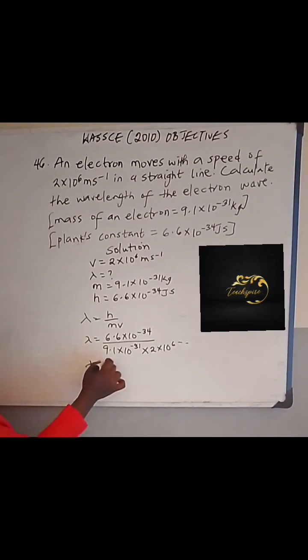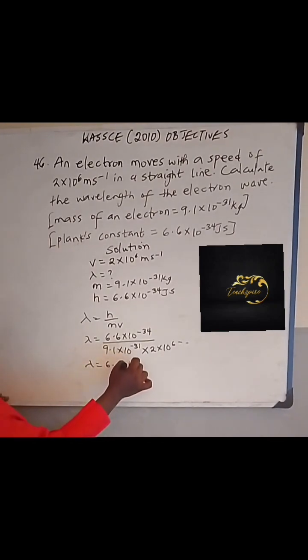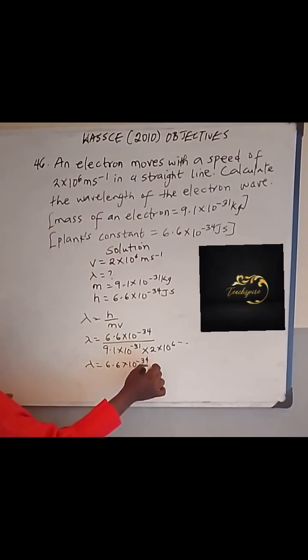So lambda is going to be 6.6 times 10 raised to the power minus 34 all over 9.1 times 10 raised to the power minus 31 multiplied by 2 times 10 raised to the power 6, which is going to give me 1.82 times 10 raised to the power minus 24.